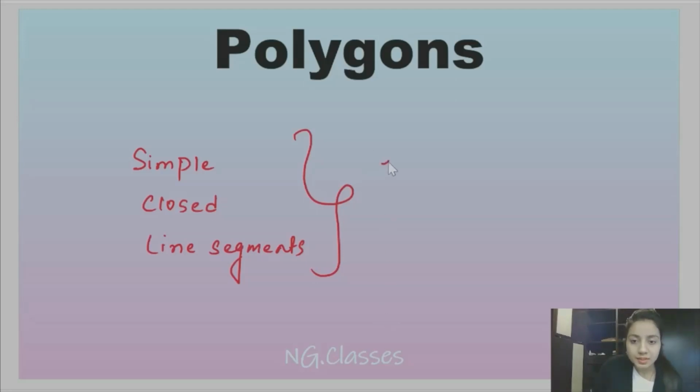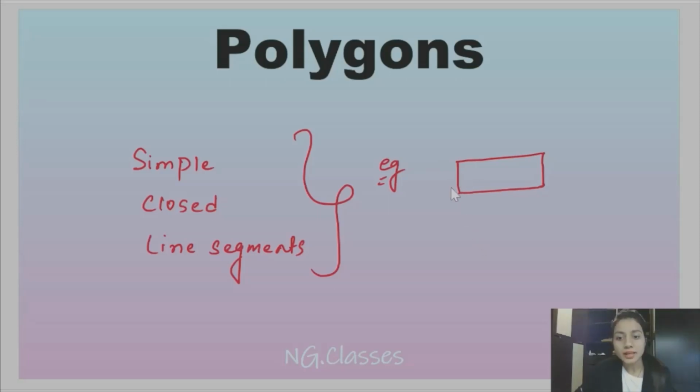So suppose I am taking one example. I am drawing one shape. Is this a polygon or not? At first we'll check whether it's a simple curve or not. What's the definition of a simple curve? When a curve does not cross itself while drawing, then it's a simple curve.